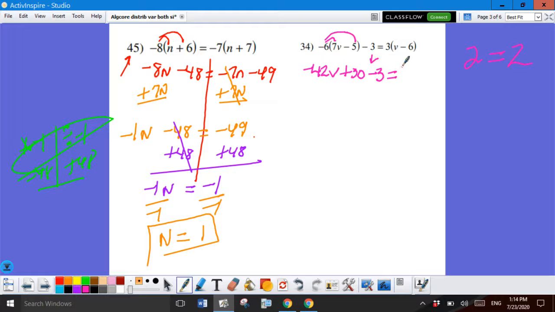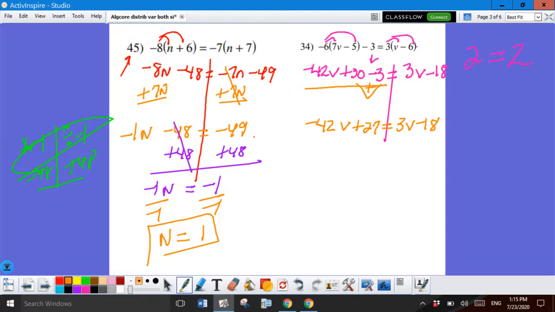And I keep distributing 3 times v, and 3 times negative 6 is negative 18. Now, there are 3 things over here, 3 terms. And I see those are like terms. So 30 plus negative 3, that is a positive 27.